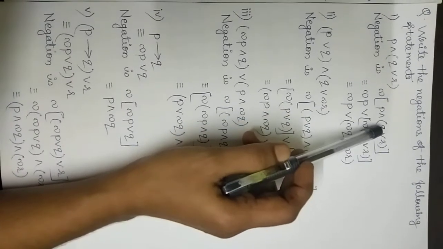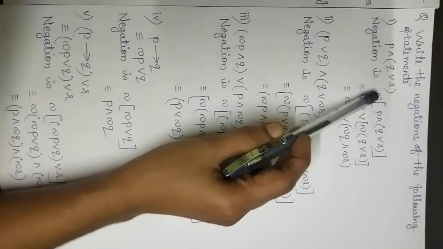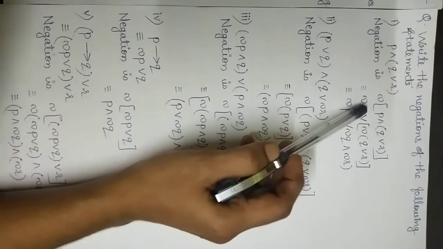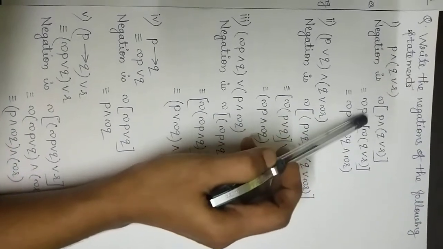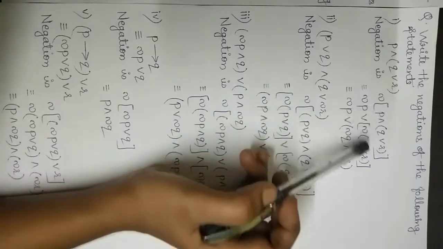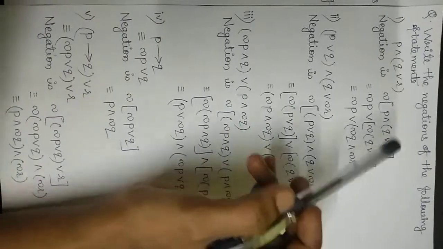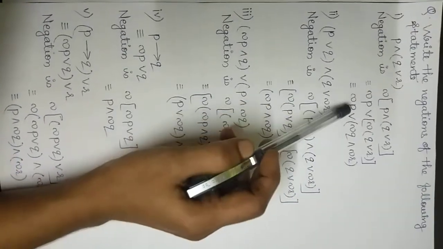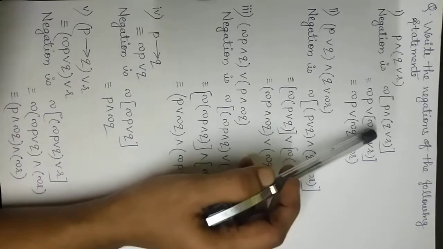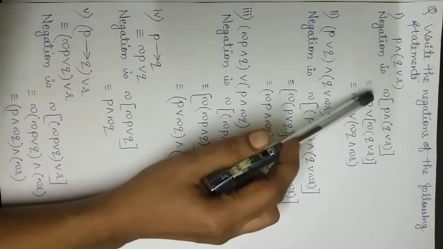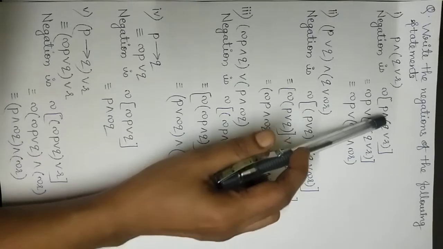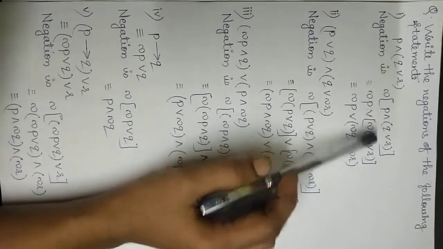But since here the bracket is present, first we will write this as negation of first term. This and will become or, and negation of the bracket. Now negation of P as it is, or as it is, because already we have applied negation for that P and that logical connective and.